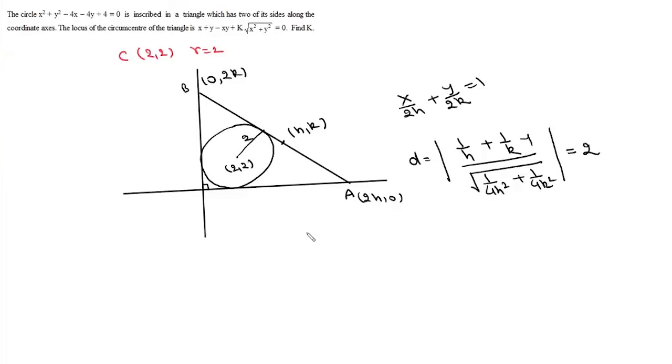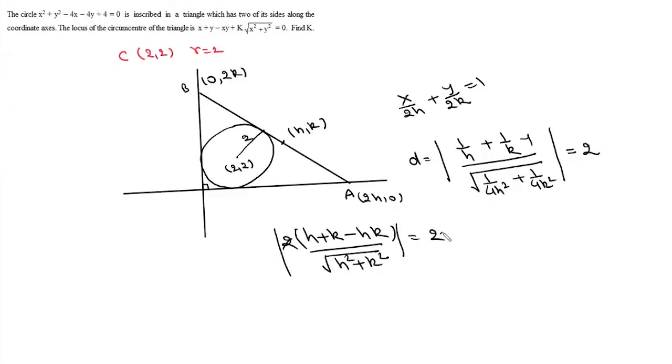Now we can write this as h plus k minus hk upon under root of h square plus k square, and we can take this 2 here and it is equal to this 2, and we have this mod sign.